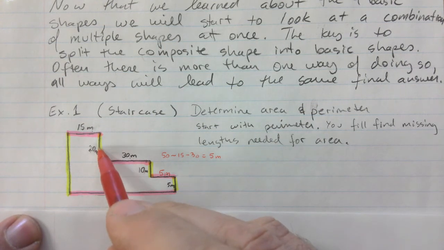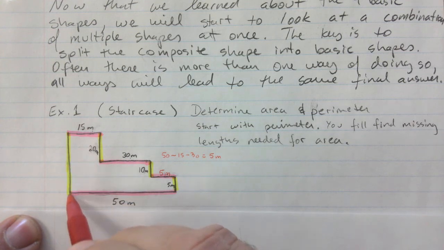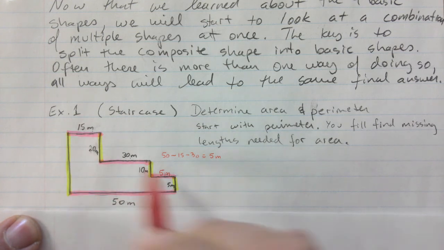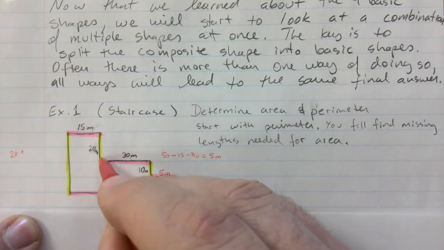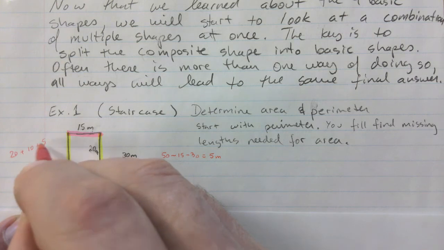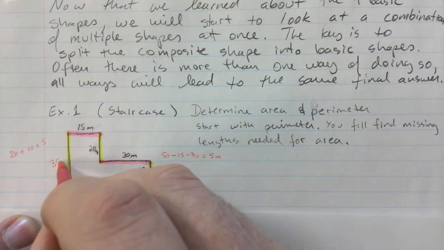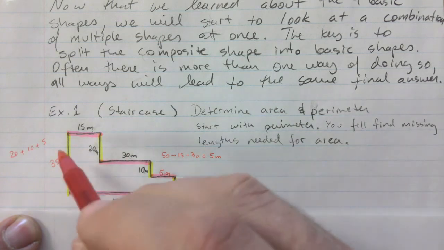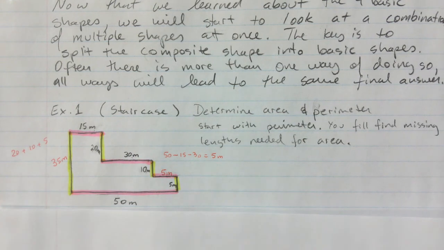You know that these three stretches will be the same length as this long one across from them. So I'll say that this is 20. I take the 20 plus 10 plus 5, so this is 35. So now I know all the side lengths that are needed for perimeter.